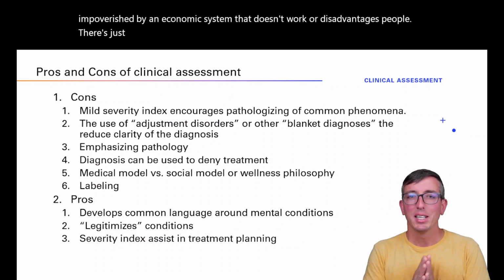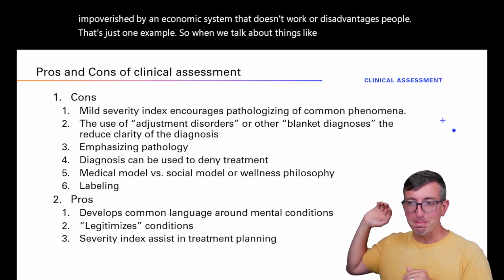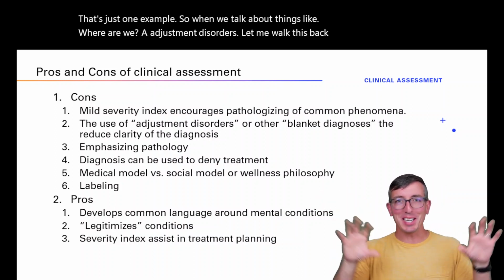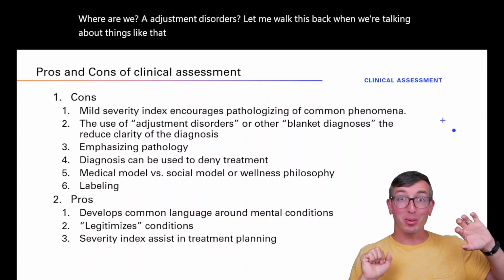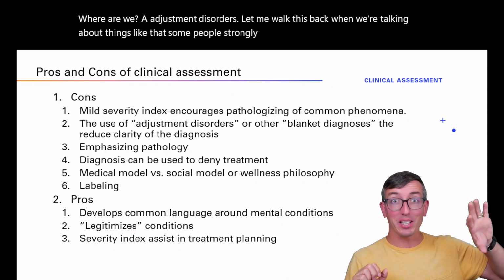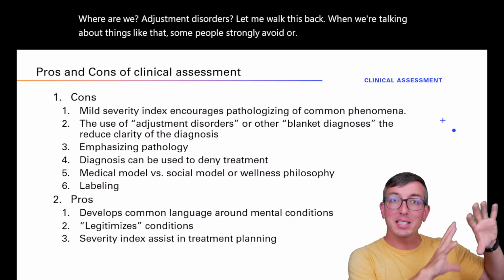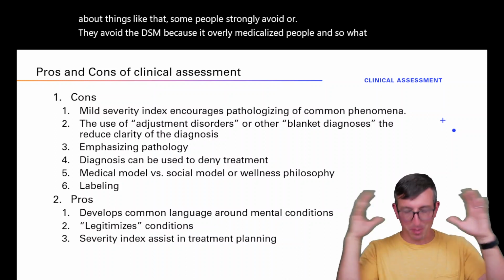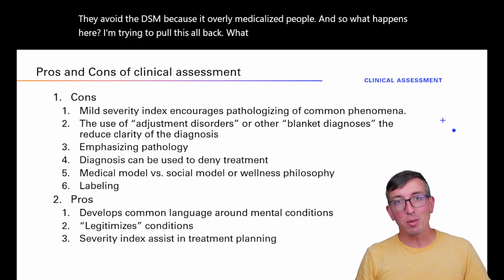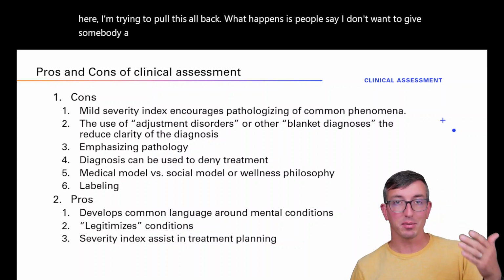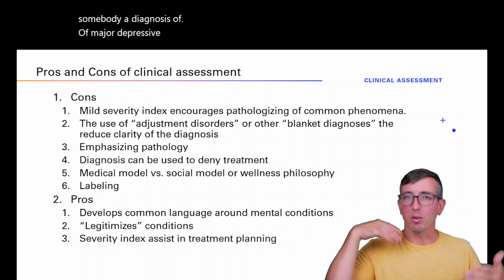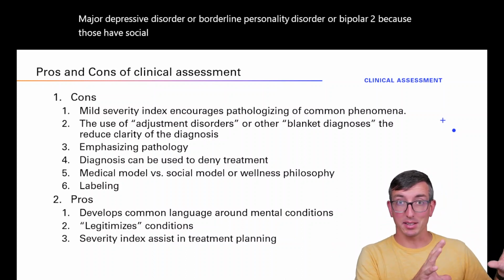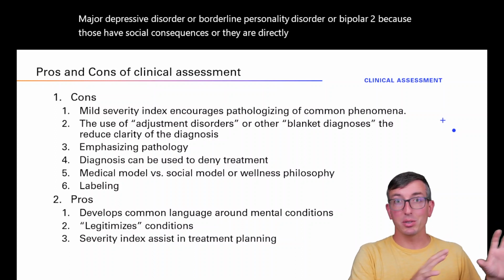That's just one example. So when we talk about things like, where are we? Adjustment disorders. Let me walk this back. When we're talking about things like that, some people strongly avoid the DSM because it overly medicalizes people. And so what happens, here I am trying to pull this all back, is people say, I don't want to give somebody a diagnosis of major depressive disorder or borderline personality disorder or bipolar 2 because those have social consequences, or they are directly contradictory to the therapeutic process.